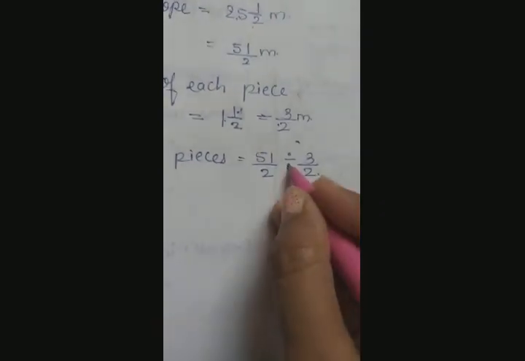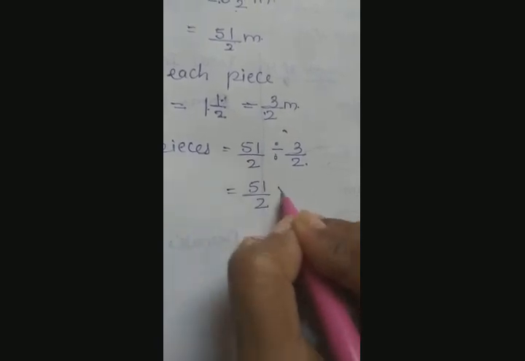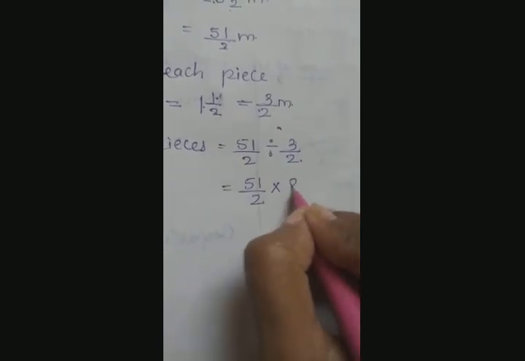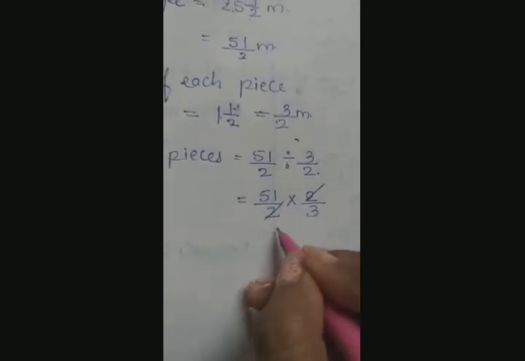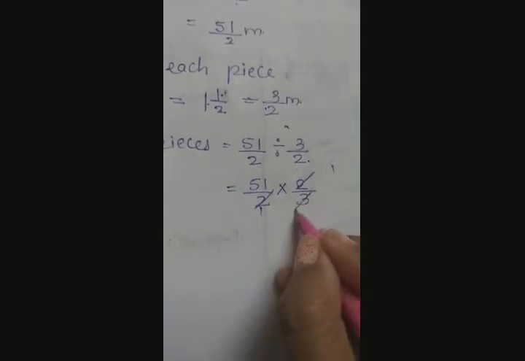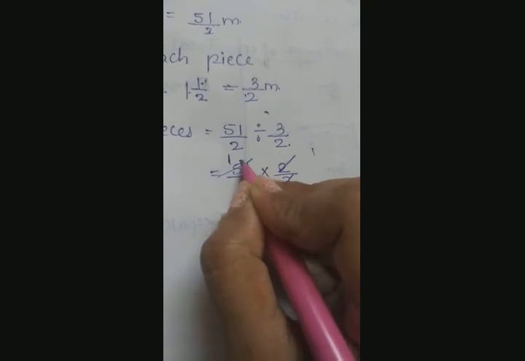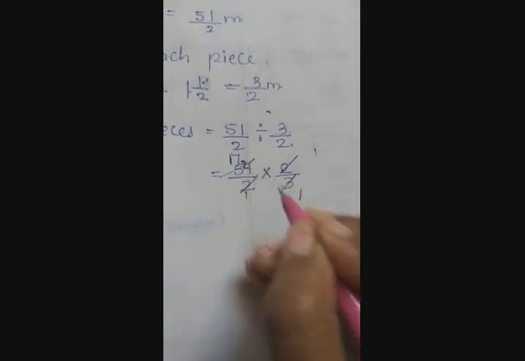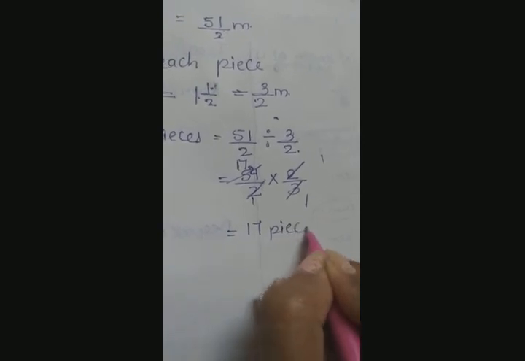So now divide, we have to convert into multiplication, that is multiplicative inverse. So the number will get reciprocal, 2 by 3. 2 cut, 2 1s are 2. 3 1s are 3, 3 7s are 21. So answer is 17 pieces.